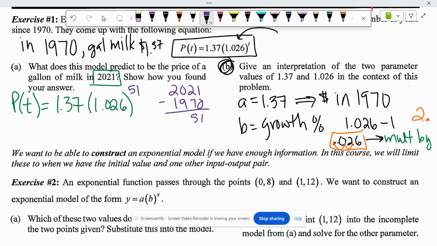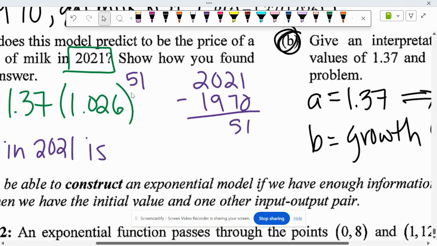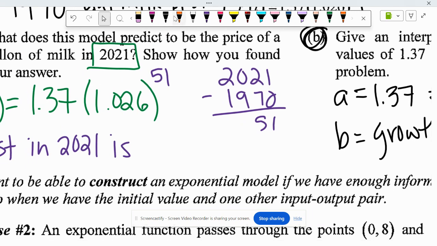Okay, so put that into your calculator. 1.37 parenthesis 1.026 to the power of 51. And let's figure out the cost in 2021. Put it in your calculator. Let's see what you get. 1.37 parenthesis 1.026 exponent 51.